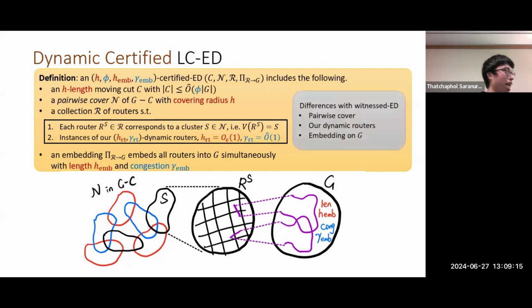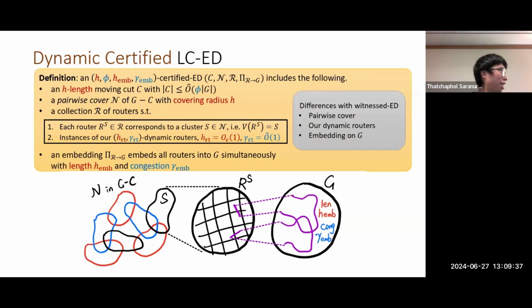Just to compare with the witness expander decomposition that appeared in the previous talk in this workshop, we use a weaker object, pairwise cover, instead of neighborhood cover. And the routers we use are instances of dynamic routers.